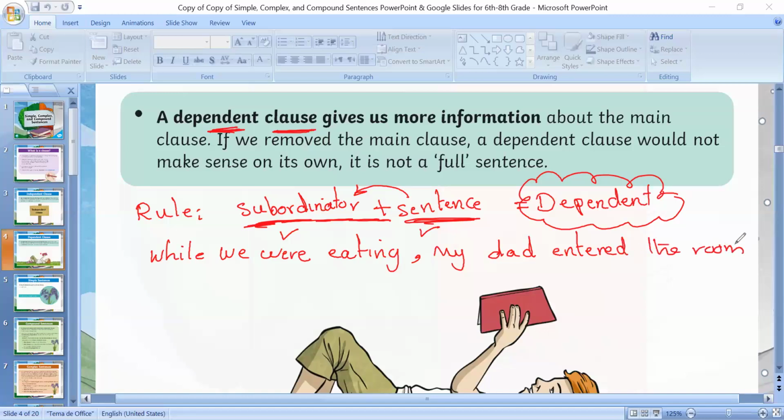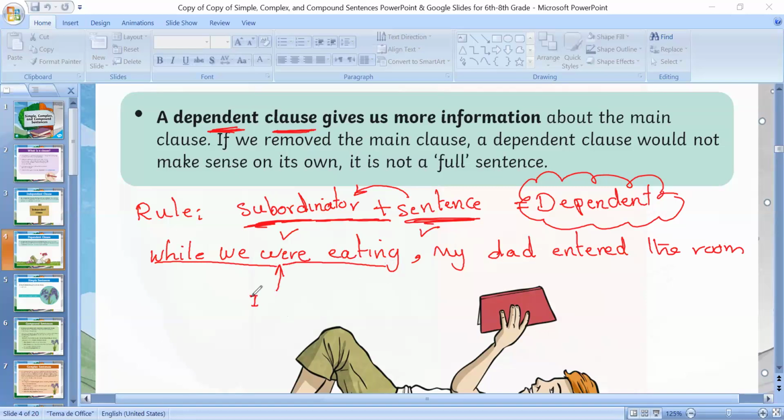Thank you. So, Ammar, the subordinating sentence on its own doesn't make any sense. My question to you now is, what do you think of this sentence? Is it dependent or independent? "While we were eating." This is what?